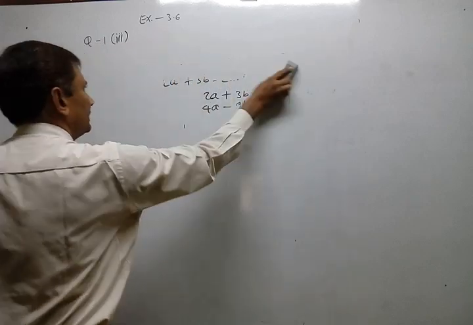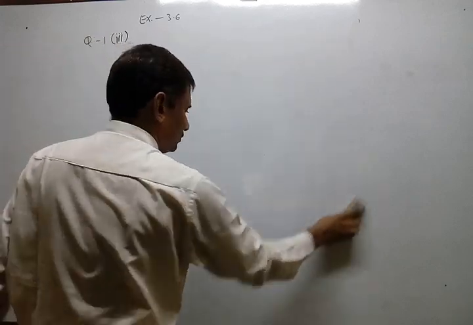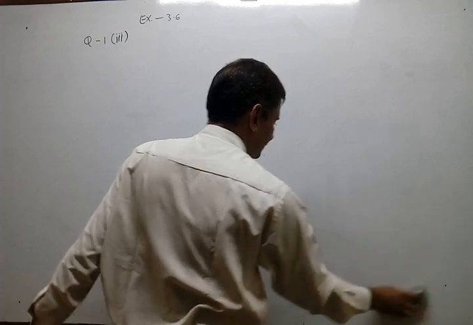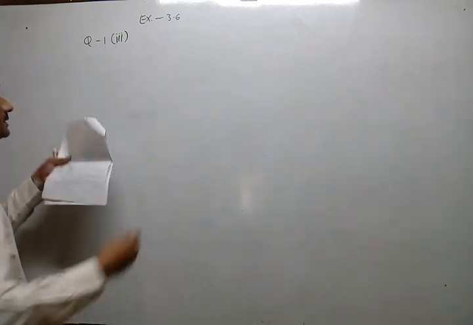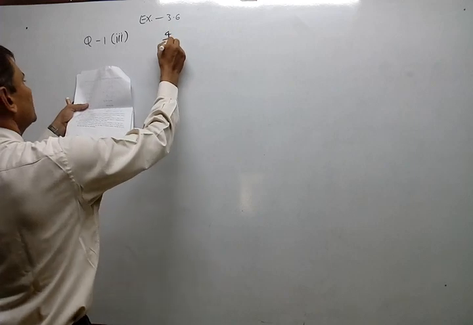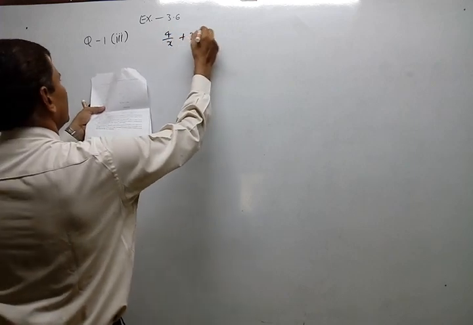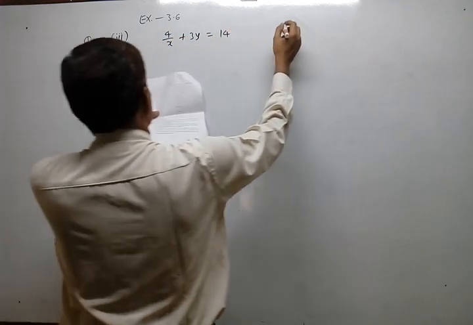Just x is given in denominator, so no need to replace y. y is okay. So just 4 by x plus 3y equal to 14.